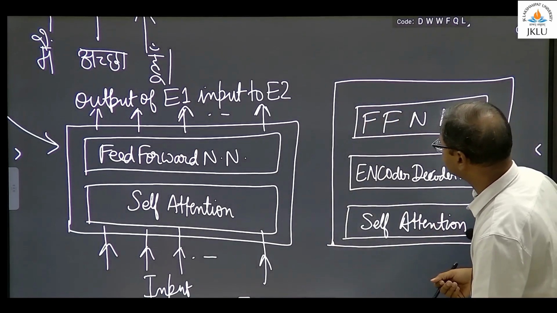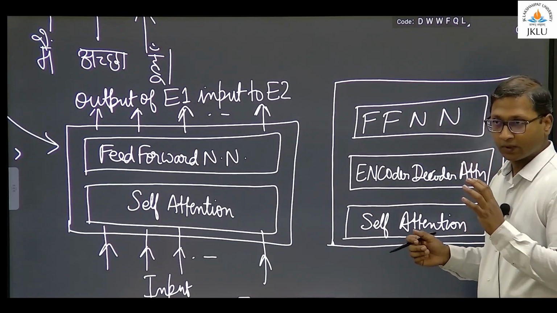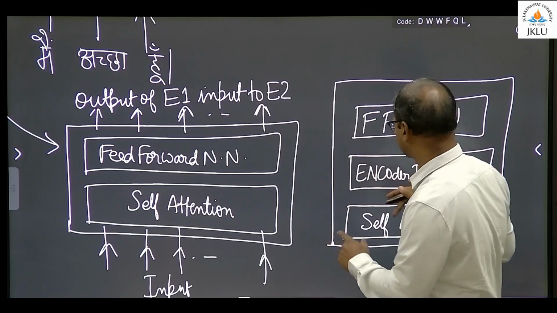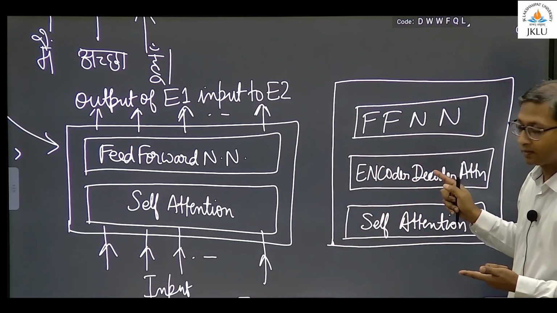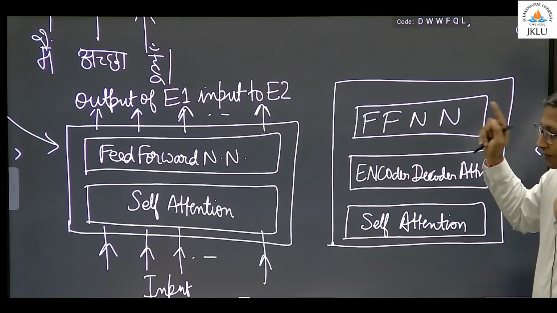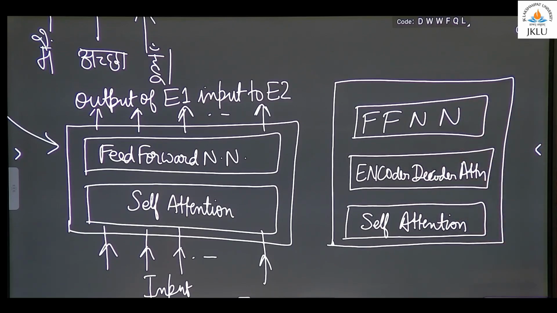What is missing? There will be things coming from this side, and where is that? Tell me which block takes care of the output of E6 that is fed as input to the decoders.